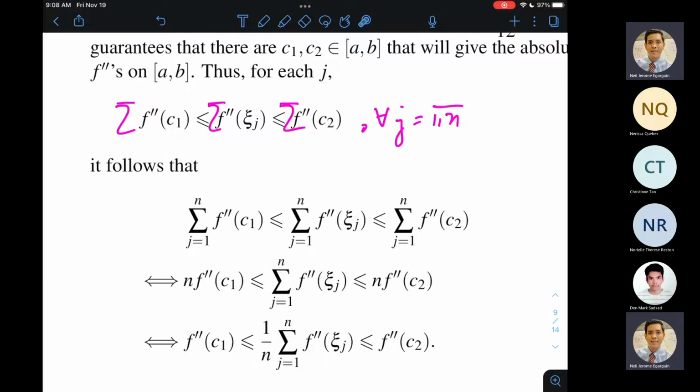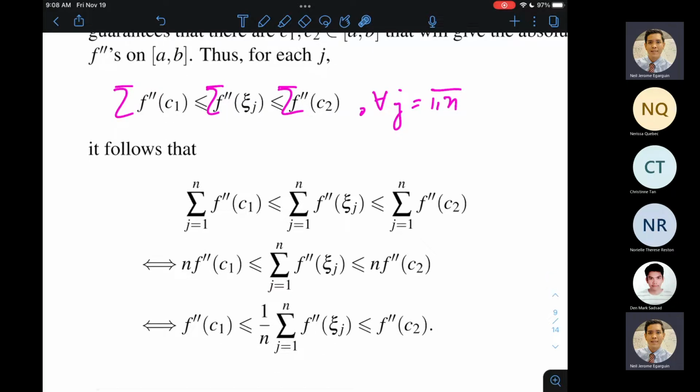And then at this point, I will appeal now to the intermediate value theorem. Now we know that f double prime is continuous by assumption on the closed interval AB. And then, because it is continuous there, this number, this summation times 1 over n, lies between f double prime of C1 and f double prime of C2.